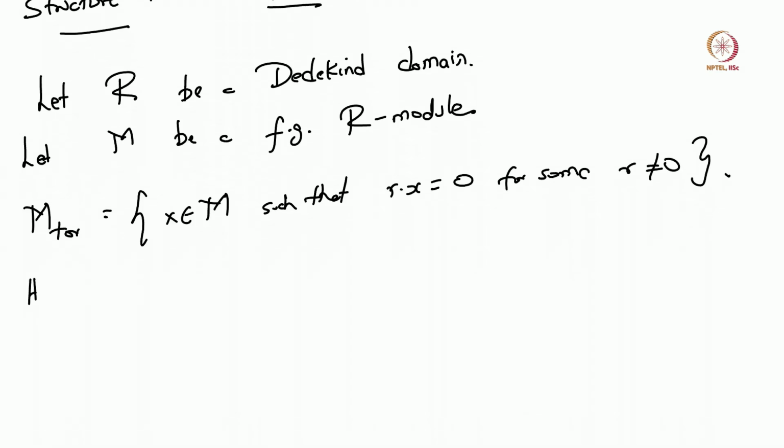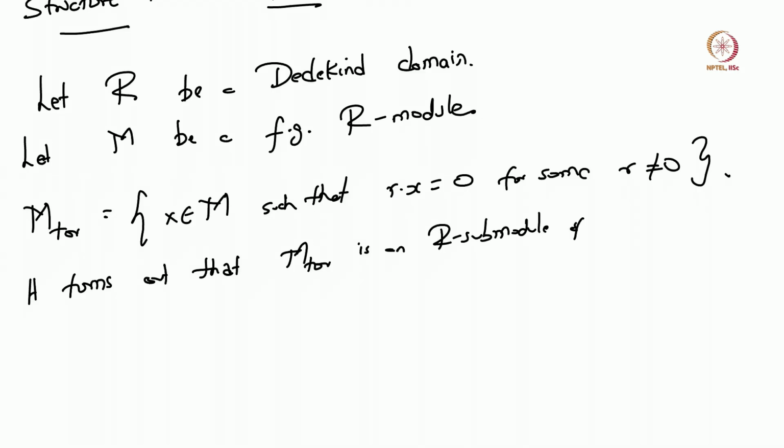It turns out this set is in fact an R-submodule of M, so it's called the torsion submodule.